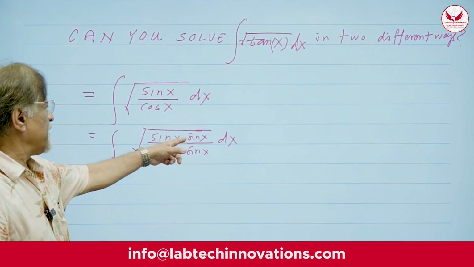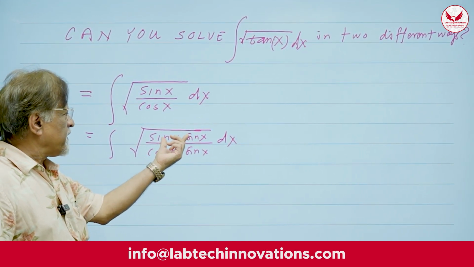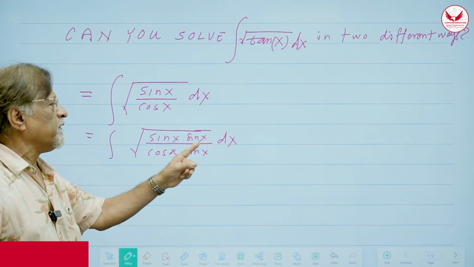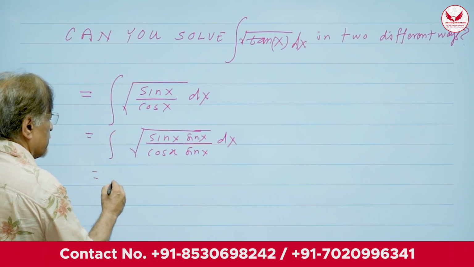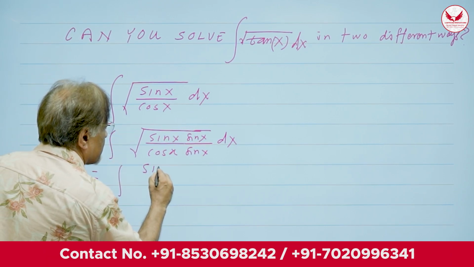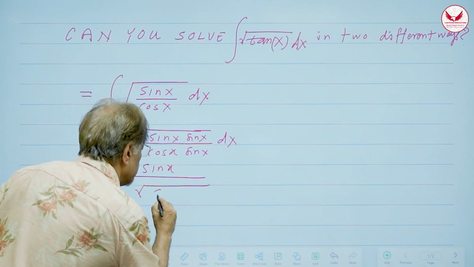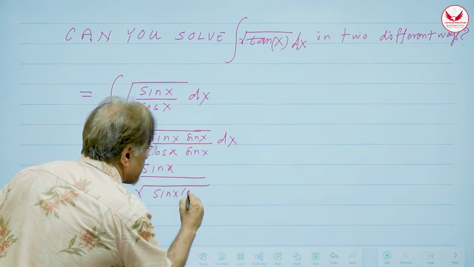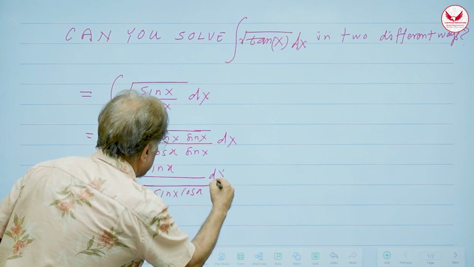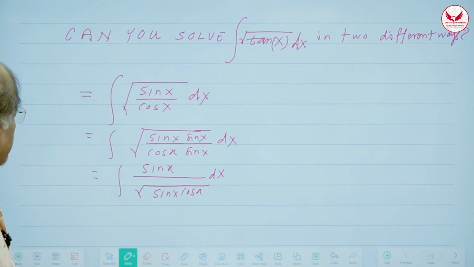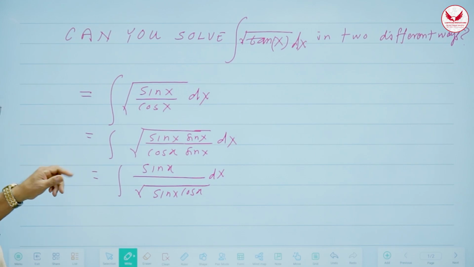But this has now become sin square x. So now this can be free from the radical sign. So it will come out of the radical sign. So now this has become integral of sin x divided by square root of sin x cos x. So far so good, right? So sin x upon root of sin x cos x.